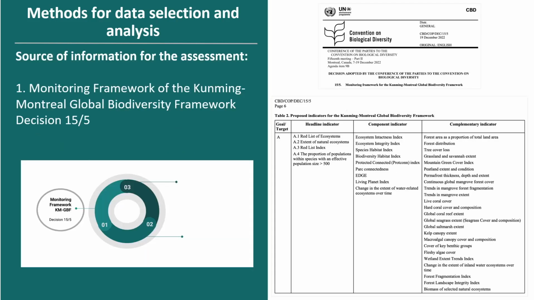Let's start with the first source of information we use. In the associated Decision 15.5, the COP established the monitoring framework, which includes a set of headline indicators that capture the overall scope of the goals and targets, and also a list of component and complementary indicators that allow a more detailed analysis.